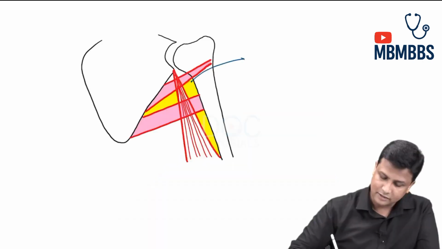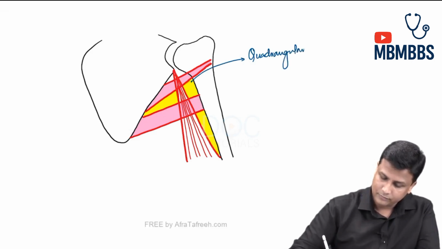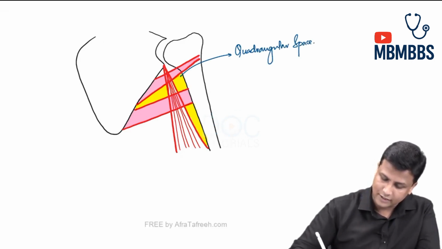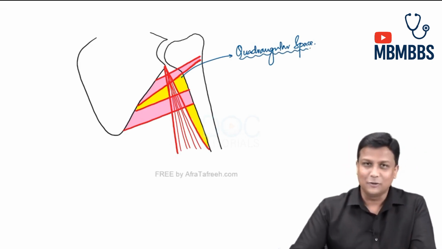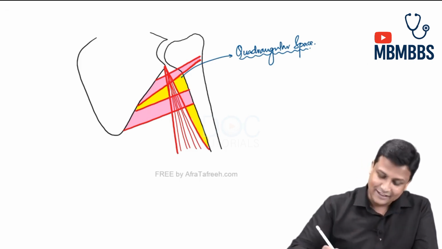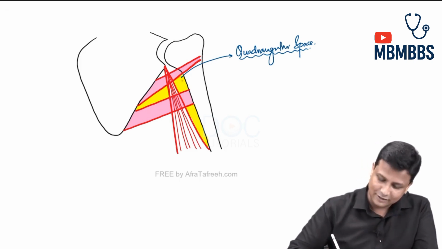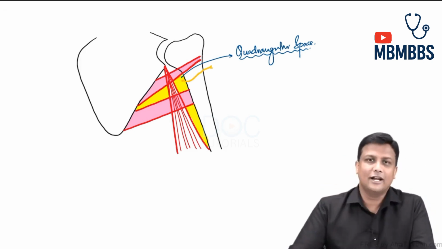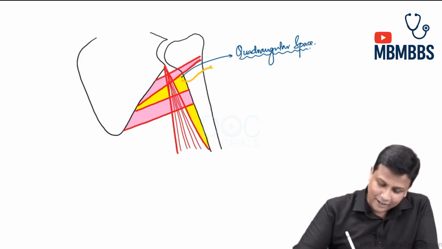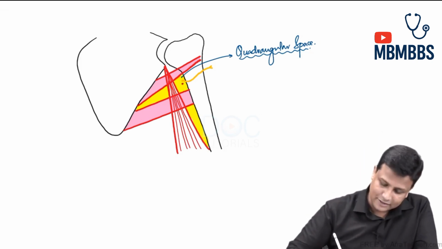So this space here is actually the quadrangular space. Now what is the content of quadrangular space? What is going to pass from here? That's the reason why I have done the previous topic, nerves related to humerus. Come on, recall. In the nerves related to humerus, we have learned that there will be a nerve which will be taking a turn around the surgical neck of the humerus. That is the axillary nerve. And along the axillary nerve, what is that artery present, guys?